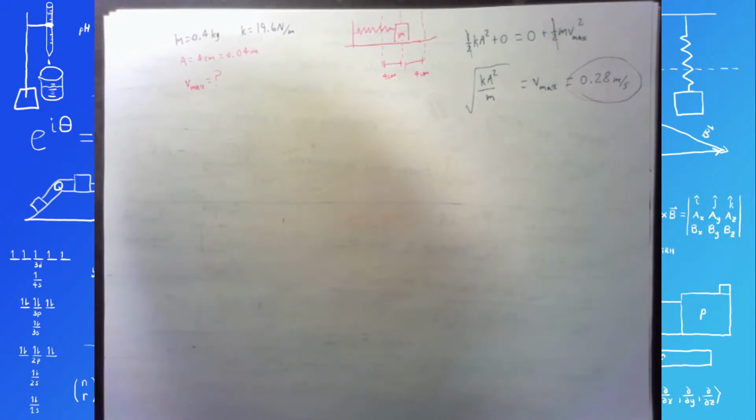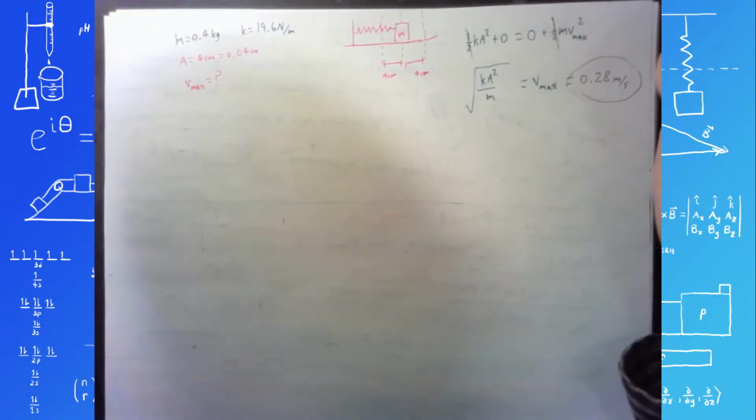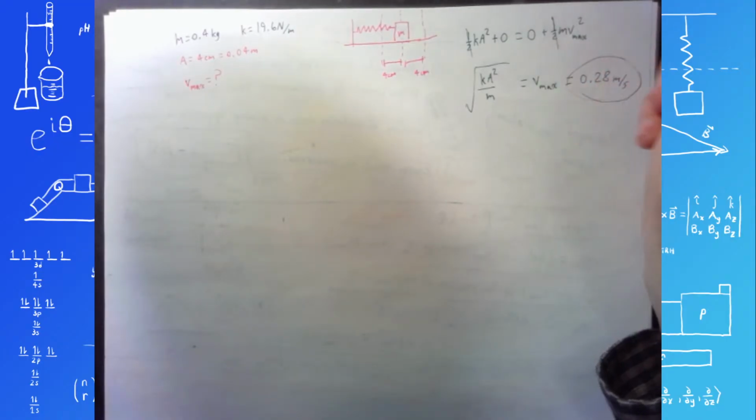Okay, part B. It says, what's the speed of the object when the spring is compressed 1.5 centimeters? Well, that's not going to be at either of the extremes, so unfortunately I can't pick one of the positions where one of the energies is 0 anymore.